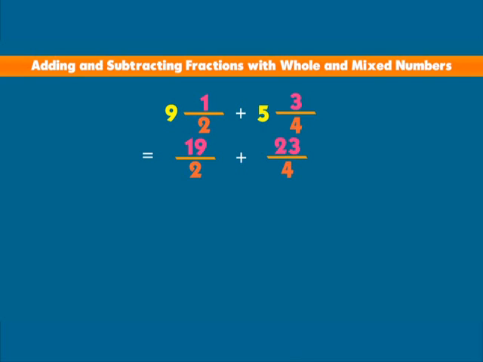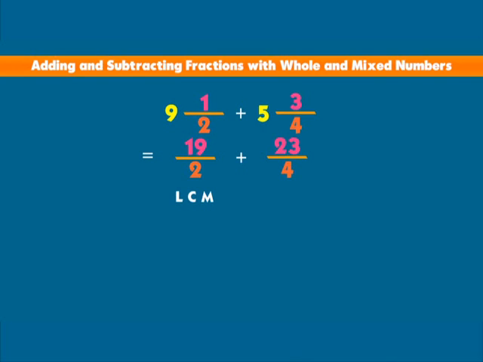Example: 9 and 1 over 2 plus 5 and 3 over 4 equals. Converting each number to an improper fraction, we have 9 and 1 over 2 equals 19 over 2, and 5 and 3/4 equals 23 over 4. To calculate 19 over 2 plus 23 over 4, we have to find the LCM.